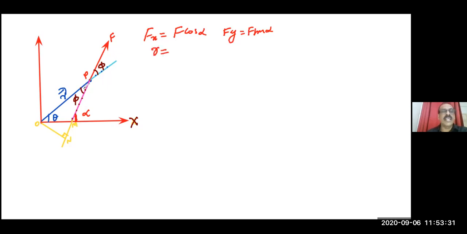Then position vector R at angle theta: x is equal to R cos theta, and y is equal to R sin theta.